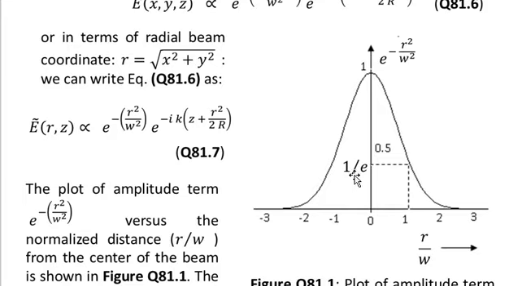These 1 over e points are obtained when r is set equal to w. This is the historical way of obtaining the 1 over e points, in other words, obtaining the spot size in terms of the amplitude.